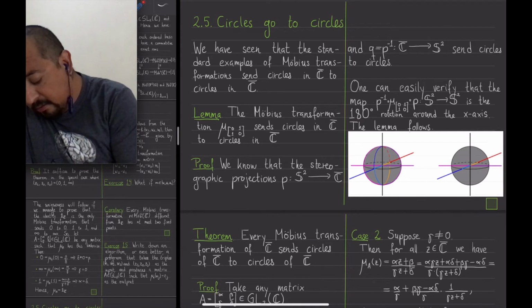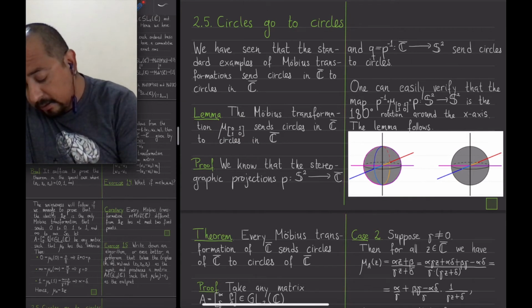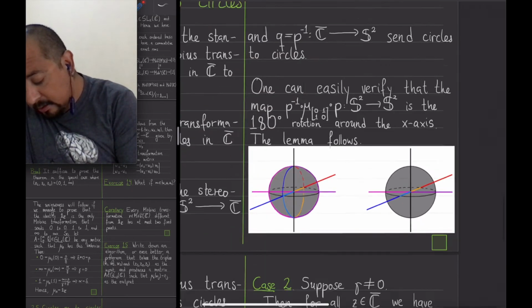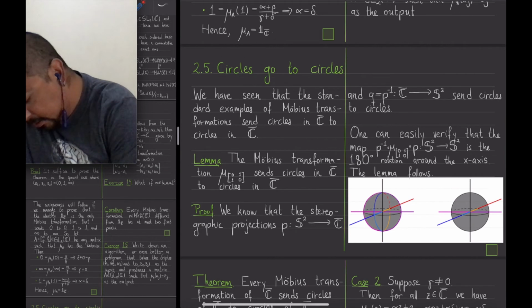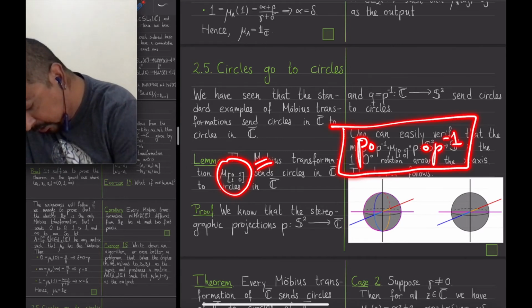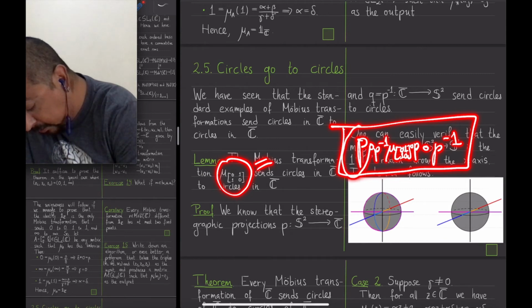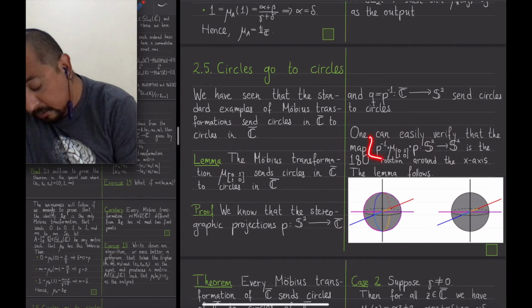Now, this one for which you want to prove that it sends circles to circles, well, you see, this one is equal to P inverse, to this expression, where here you have P inverse and then mu 1 over z and then P. And you know that this one sends circles to circles and this one as well. So if you manage to prove that this one sends circles to circles, you are done. And that's what we do.